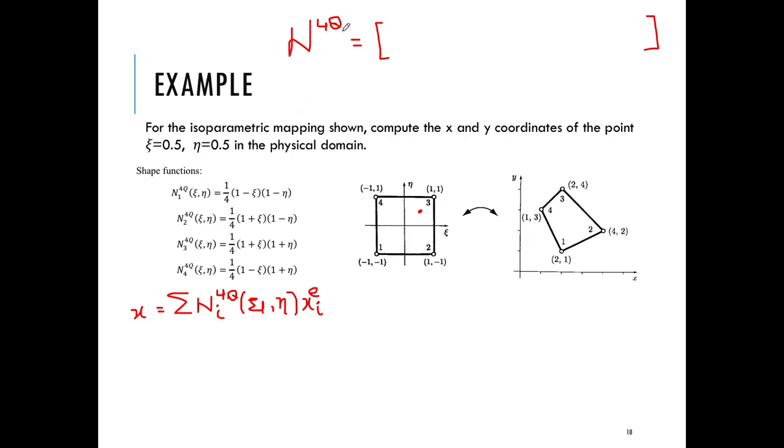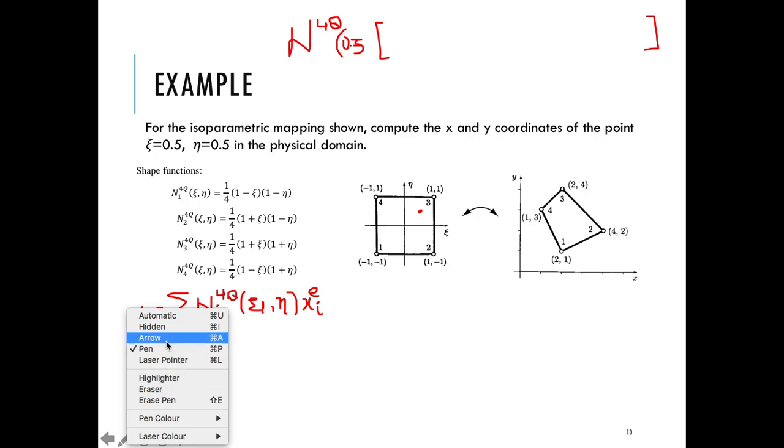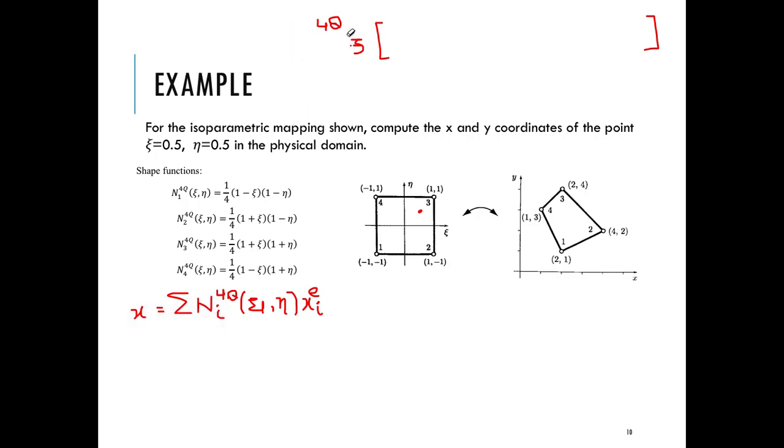So let's write down that we're finding N4Q at 0.5, 0.5.